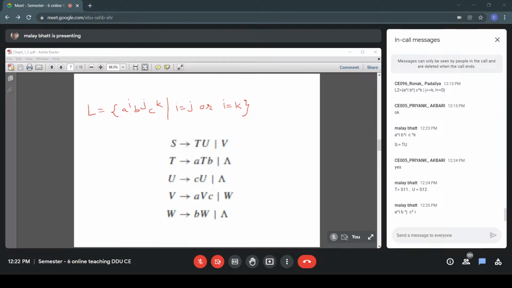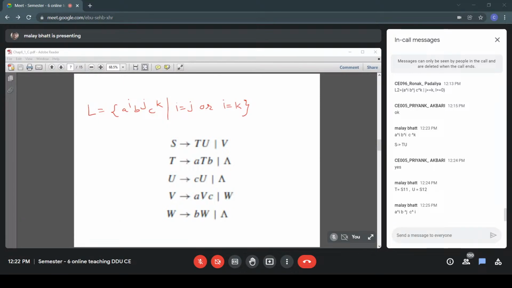So can you tell what will be S21 here and S22? Can you write this in the form of S21 and S22? Or you can also take S2 if required. You can use any symbol. You can write in the form of S21 and S22 also. You can write in the form of S2 and also you can generate the grammar. So can you match the terminals?